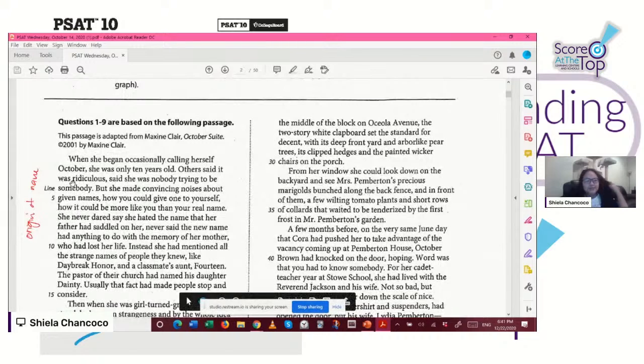So here we go, it's around here, right? In actuality, it's the first and the second sentence. Others said it was ridiculous. She said she was nobody trying to be somebody. If you were saying that to someone, more than likely you're calling them arrogant, right?